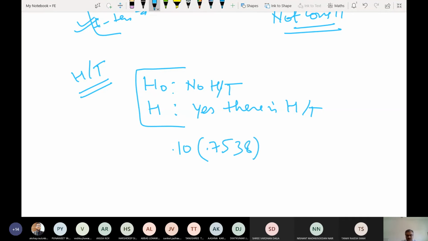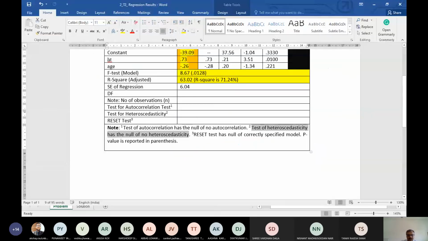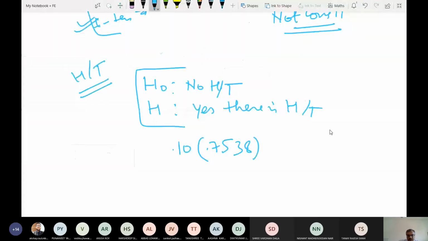So this is the way to report. Degree of freedom, these two things I'll cover. Testing of heteroscedasticity here: value is 0.10, in brackets I'll write down 0.75.